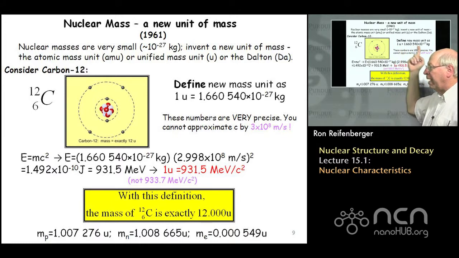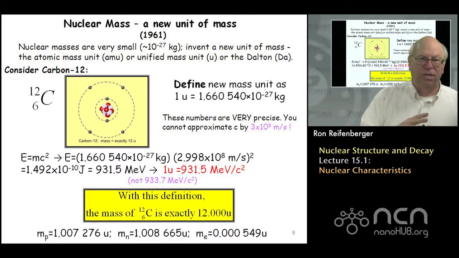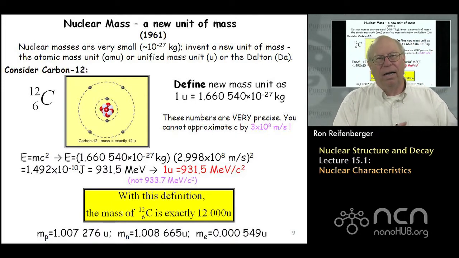The question is, why is this definition put forward? Why is this mass unit defined in this way? Well, it's defined in this way because it then makes the mass of carbon-12 exactly equal to 12.00 mass units. So the argument is carbon-12 is possibly the most common element that can be found in a laboratory.